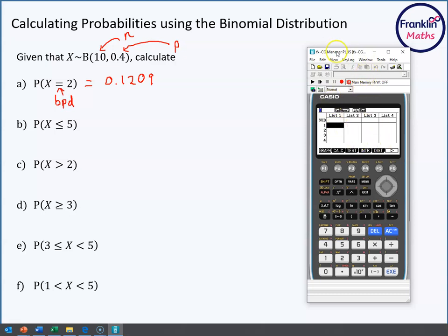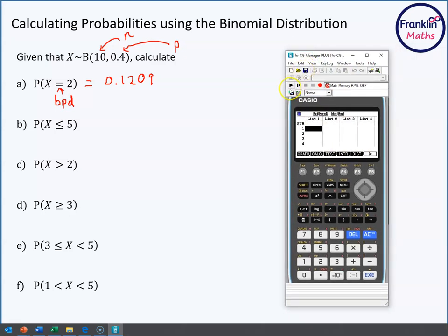If you are using one of the other models, you'll need to go and look up how to work it out, because it always does 1 minus. Okay, it always calculates probability downwards. If there's a desperate need for that, I will put some videos on about that. But I would really recommend paying a bit more money and getting this calculator. It will save you so much time for doing something like this.